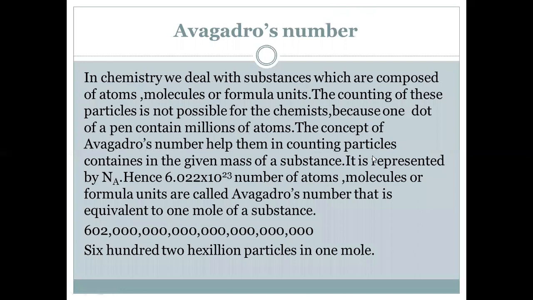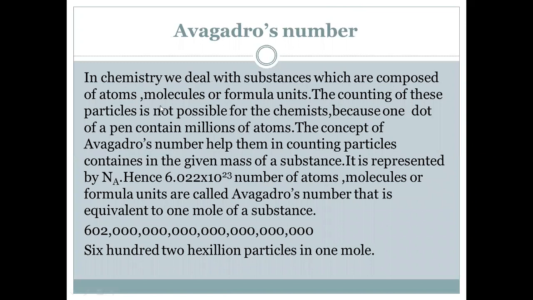Avogadro's number, as I told you, is a special number of particles present in atoms, molecules, or formula units. In chemistry, we deal with substances like atoms, molecules, or formula units.